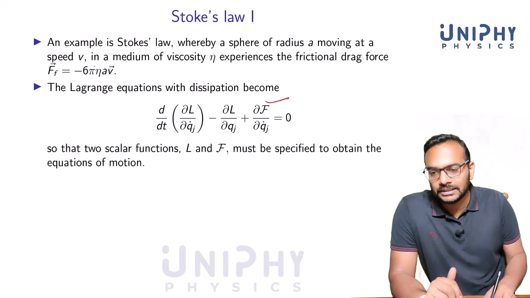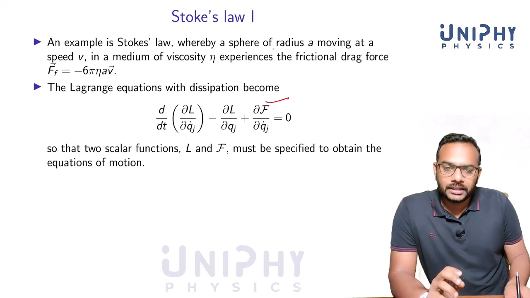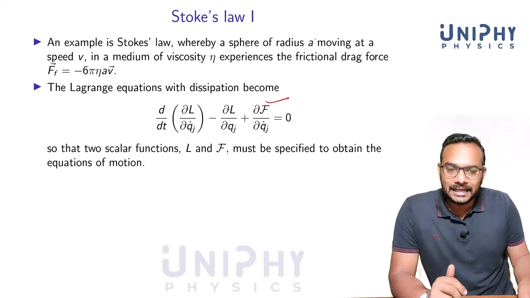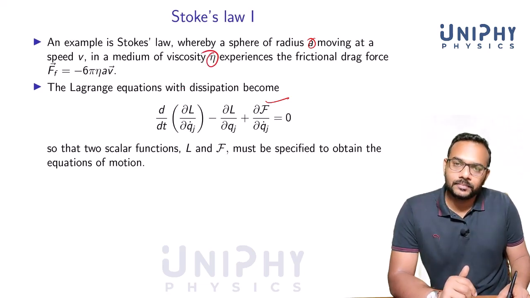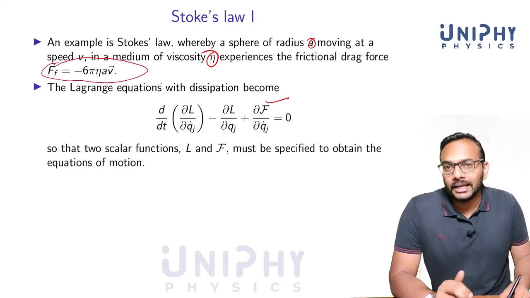An example is Stokes' law. You might already be familiar with this. A sphere of radius a moving at a speed v in a medium of viscosity eta experiences a frictional drag force which is given by F vector equal to 6πηa v vector.